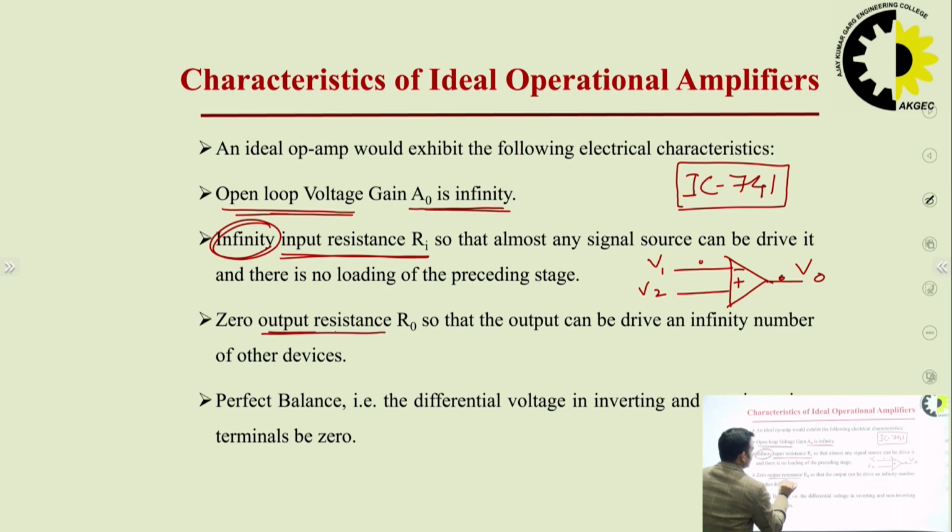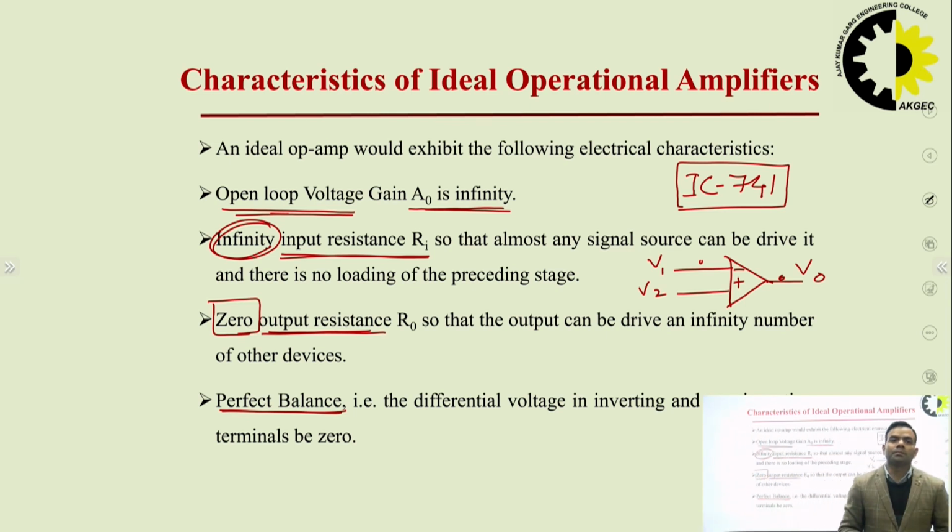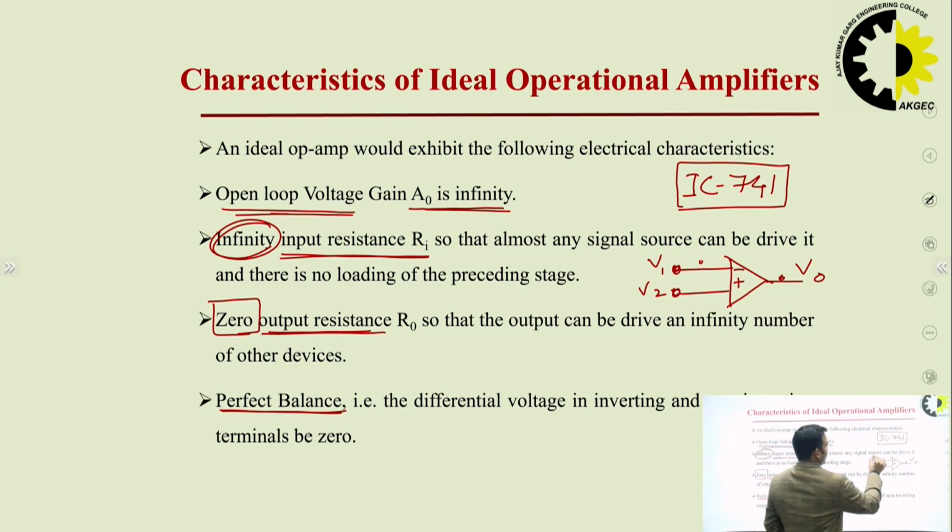Output resistance should be equal to 0 ideally. Third thing is perfect balance. In other words, we can call this parameter offset voltage. If I consider this operational amplifier, V1 and V2 mean voltage of inverting terminal and voltage of non-inverting terminal.